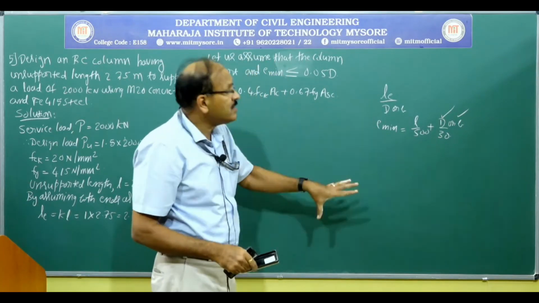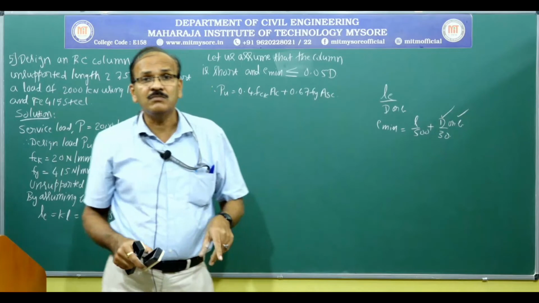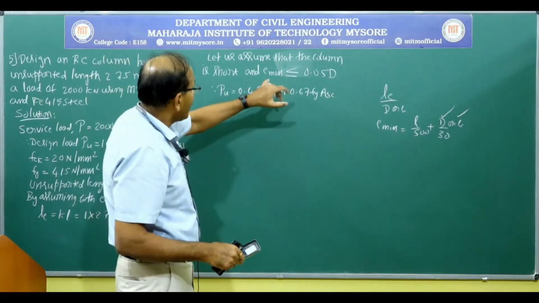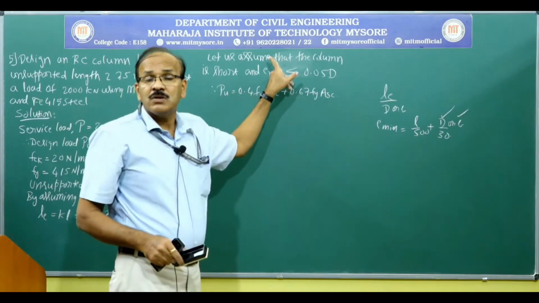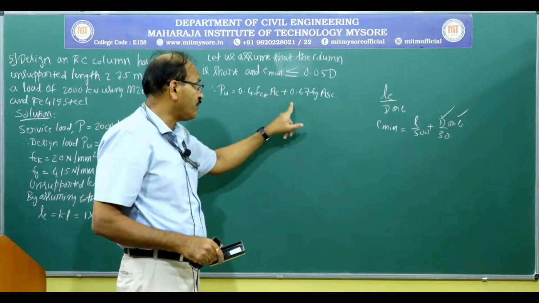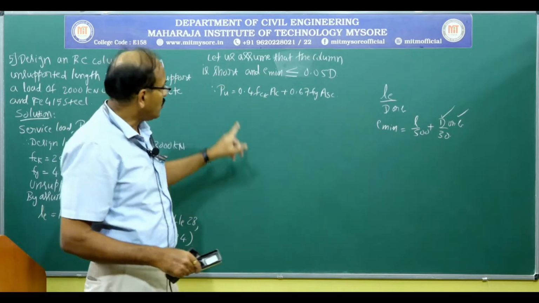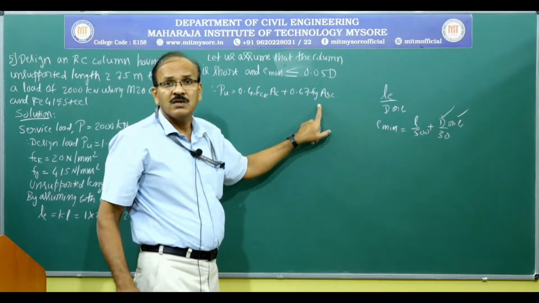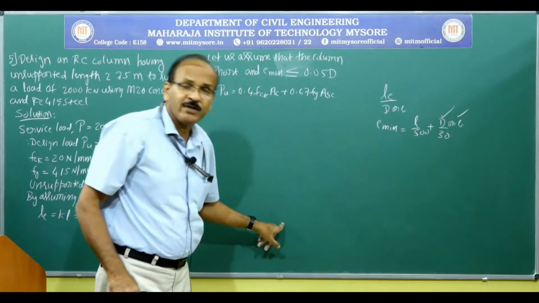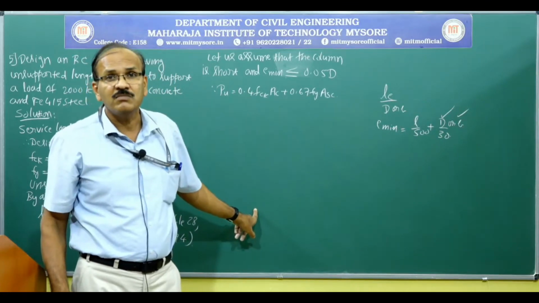So in the absence of the dimensions of the column, I cannot find out these two values. However, I am using this formula assuming these two conditions are satisfied. Once I have this, I am going to find out what are the dimensions required for the column.